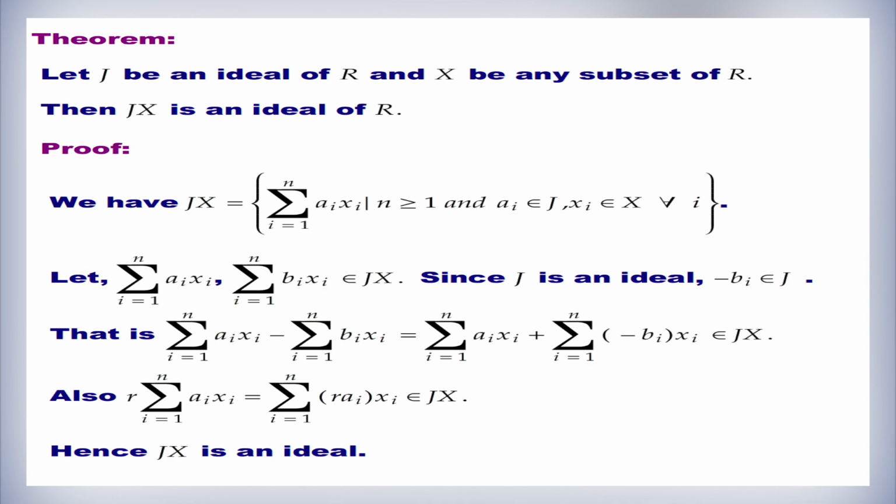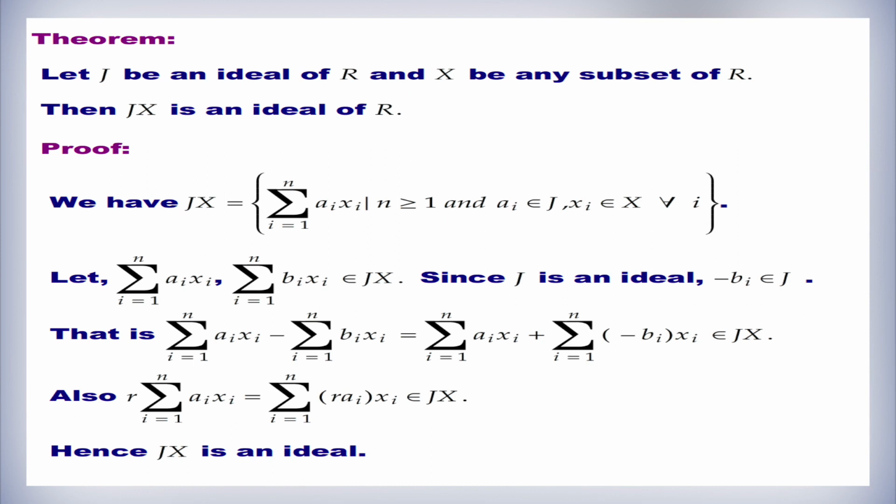Since J is an ideal, minus b_i belongs to J. That is, the summation of a_i x_i minus the summation of b_i x_i is equal to the summation of a_i x_i plus the summation of (minus b_i) x_i, which belongs to JX.